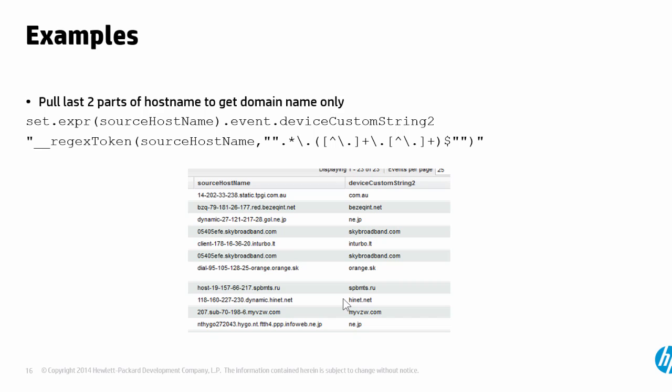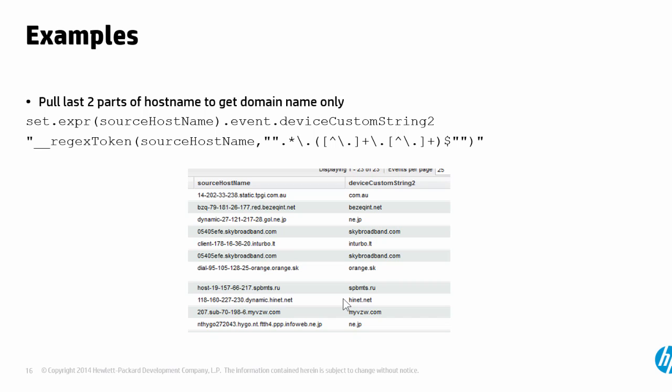Alright, so just a few examples on paper here before we actually jump into an actual demonstration. For example, pulling the last two parts of a host name to get the domain name only. What we're doing here is our first piece, even though it says set dot, is actually our getter.